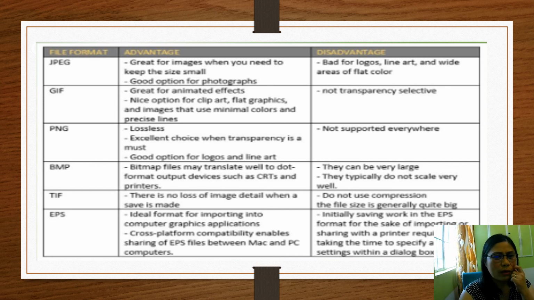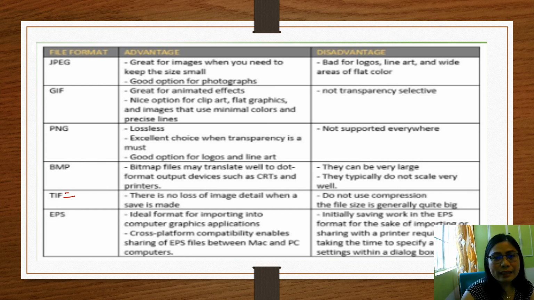Next is yung tinatawag natin na TIFF. TIFF po yan. Okay? So, ang tawag dyan ay Tag Image File Format. Lossless image din po siya. So, hindi siya kinakailangan i-compress. So, ibig sabihin, hindi bumababa yung image quality ng picture or ng image.